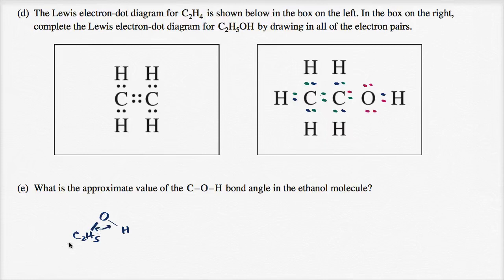And the important thing to realize is when you form these bonds with oxygen, it's going to have pretty close to a tetrahedral shape. Why? Because the oxygen has these 2 lone pairs, which are forming the other points of the tetrahedral shape.